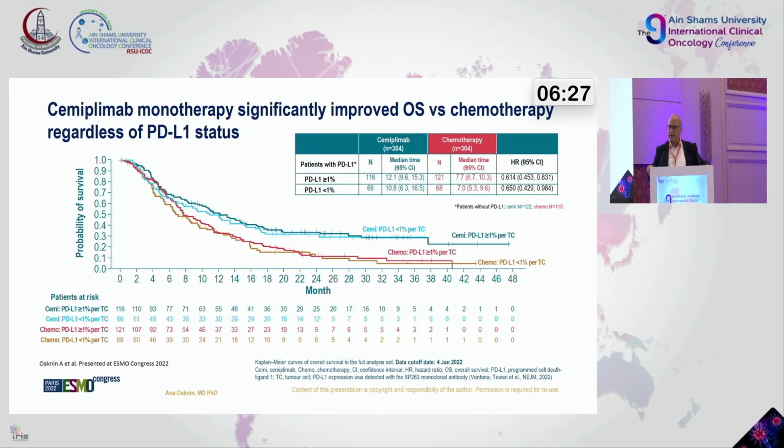Again, in this study, the PD-L1 status didn't affect the response to cemiplimab. You can see here that at 12 months and 24 months, cemiplimab had a better survival compared to chemotherapy, regardless of the PD-L1 status.